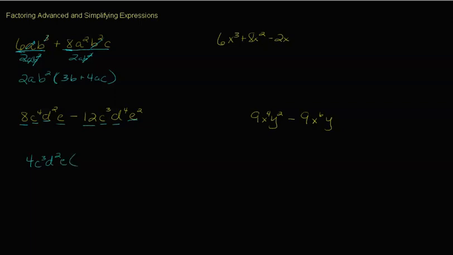And we divide this by this. So 8 divided by 4 is 2. C to the fourth divided by C to the third is just C. D squared divided by D squared, they cancel each other out. And E divided by E cancels each other out. So you're just left with 2C on the inside. It's subtraction, so we put a subtraction symbol. 12 divided by 4 is 3.